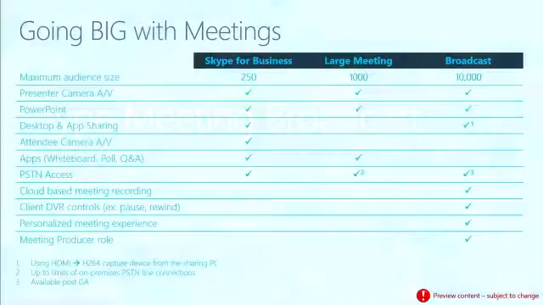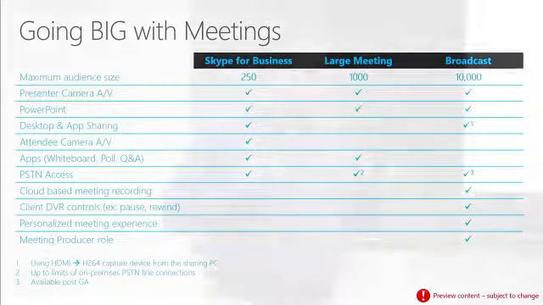So, if we look at the background, in the OCS days, Lync days, and even the early Skype for Business days, we started off with our normal meetings. Normal meetings that had a maximum size of 250 users. But there was a request from many of our customers to have large-scale meetings.